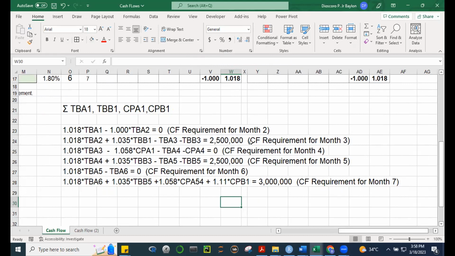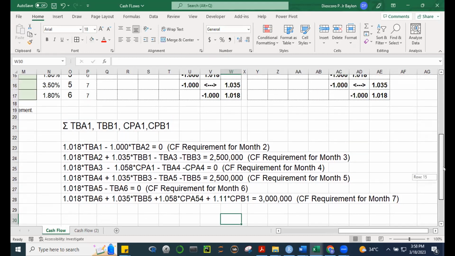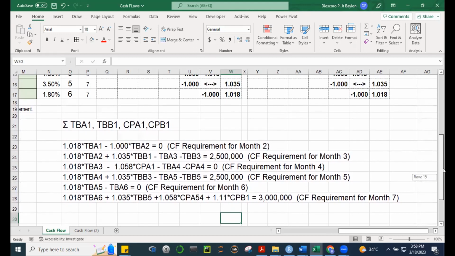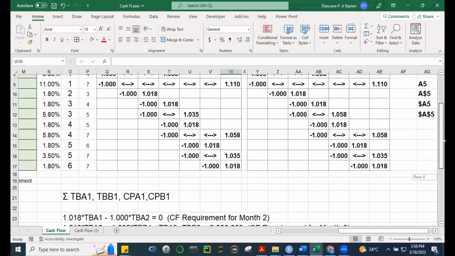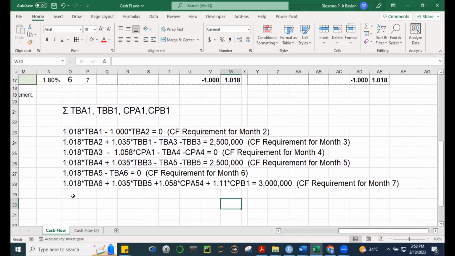So we have the cash flow requirement for month 2, month 3, month 4, month 5, month 6, month 7. Does this require an integer requirement? No, these are money matters. Does this require non-negativity? Yes.